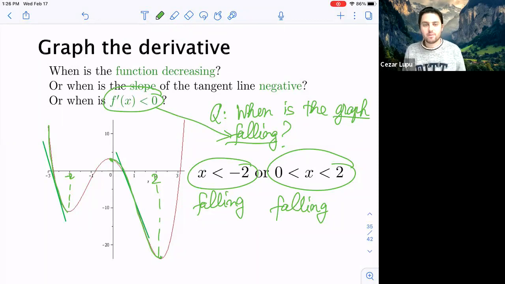You'll have a question and you'll just click which one is correct. But when you have a midterm, you'll need to justify it. You need to explain why this is falling, why this is rising, and you have to connect them with the derivative. You have to explain. Does it make sense?